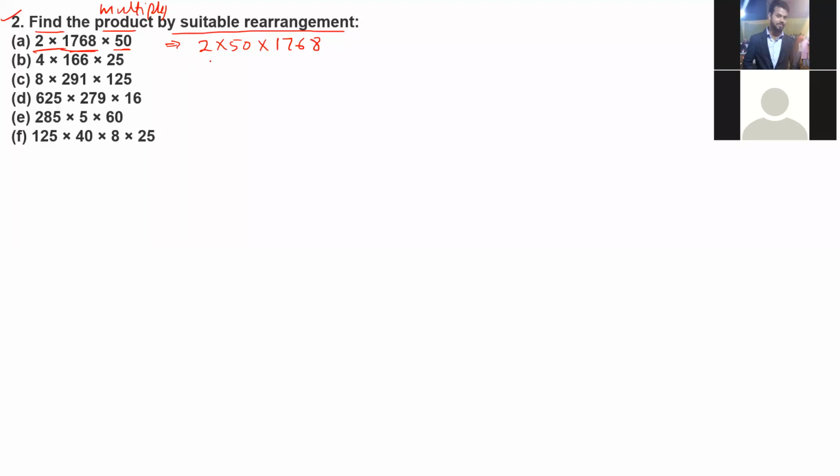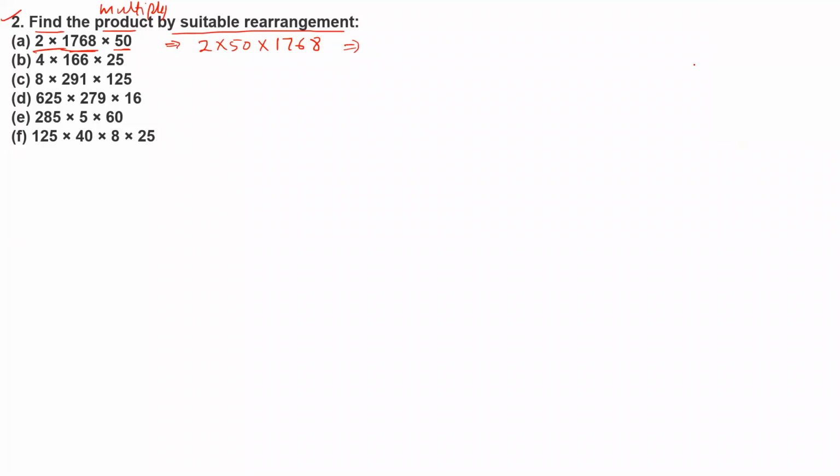So what is the benefit? As you can see, 2 into 50 is 100. So write 100 into 1768. Now you don't have to multiply. You just have to write two zeros. Okay, 1768 and two additional zeros. So this is the answer.